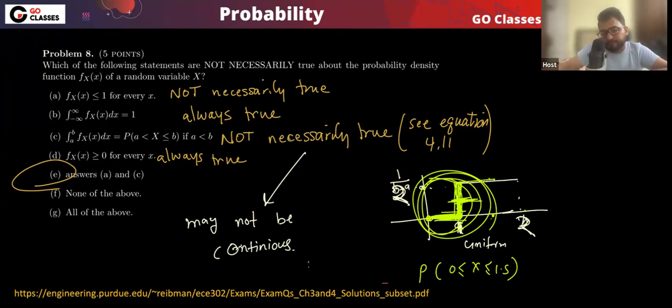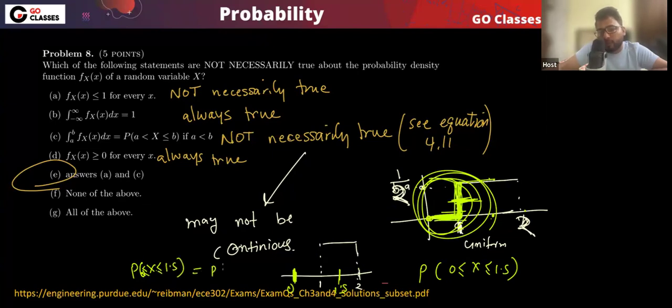For example, this is, let's suppose, 1 to 2, and you are finding the probability from, let's suppose, 0 to 1.5. To find the probability from 0 to 1.5, you can't just directly integrate one thing. Let me go to the next page. So this is 1, this is 2, this is 1 by 2.